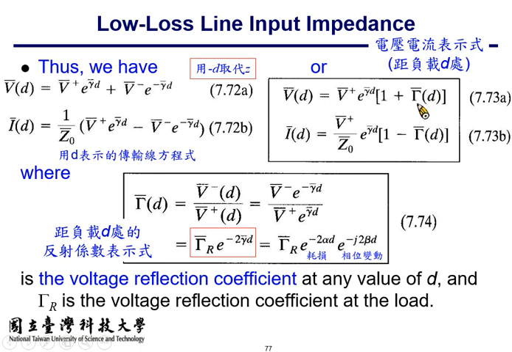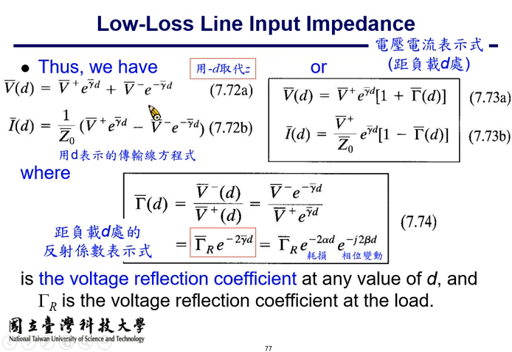replace the V minus over V plus with gamma D, the reflection coefficient viewed from the position D. Because if you take the V plus out, then the second term will be led by V minus over V plus, which is the definition for the reflection coefficient gamma.